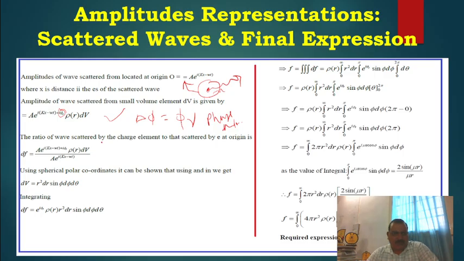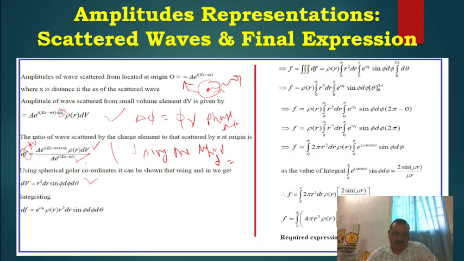Now using the definition of f, it is the ratio of the amplitude scattered by the volume element to the amplitude of radiation scattered by the electron. So this ratio reflects your scattering factor for this volume dV.